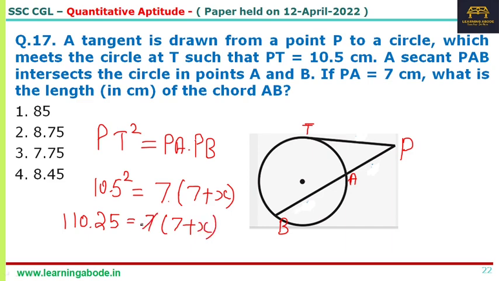If you simplify, you get 15.75. So 7 plus x equals 15.75, so x equals 8.75. That's answer option 2, the answer for question number 17.